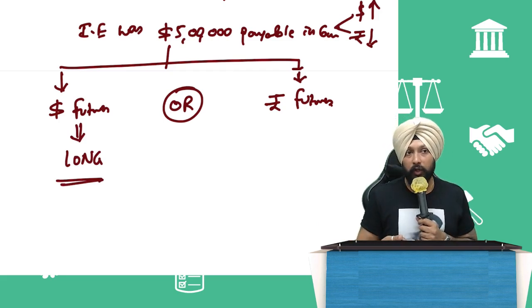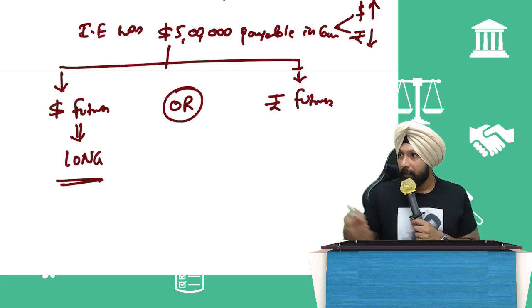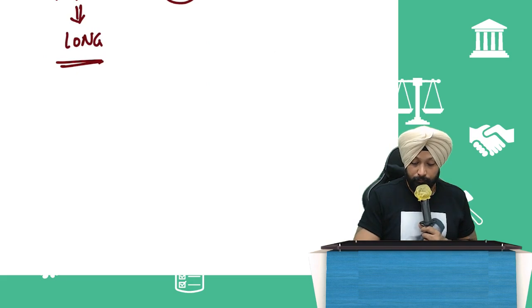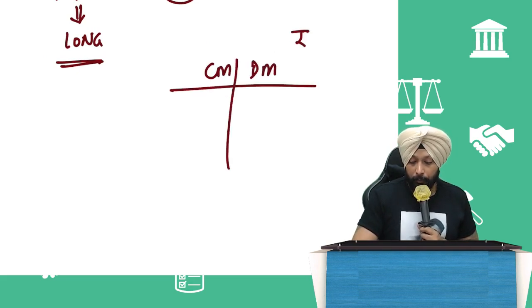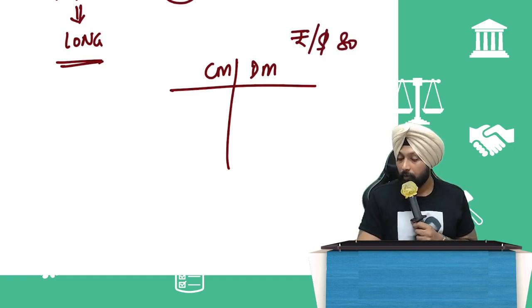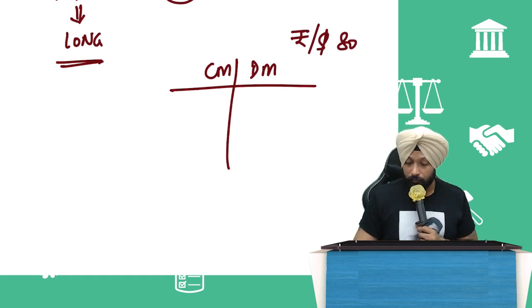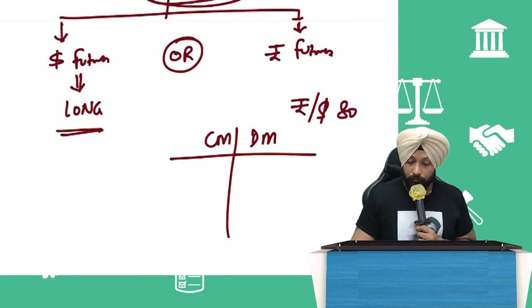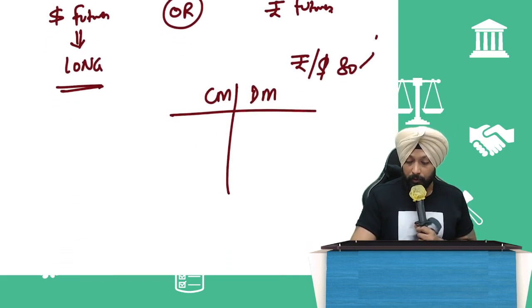If you go long on dollar futures, then if the dollar goes up, currency market, derivatives market. Right now, rupee per dollar is 80. When you went to settle this transaction, rupee per dollar became 85.